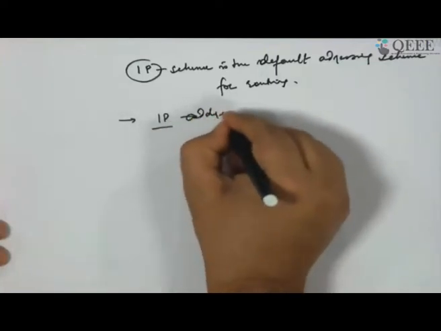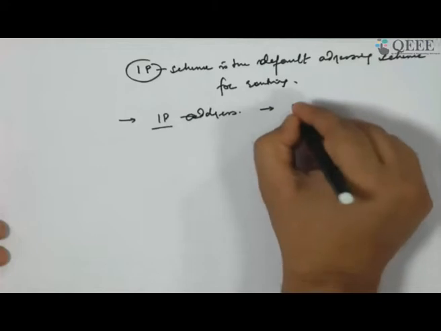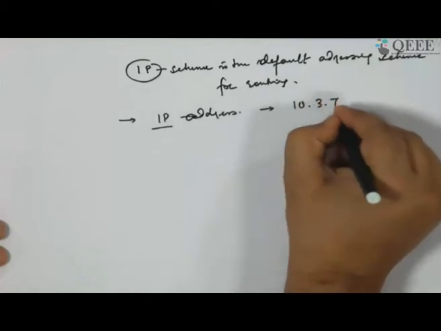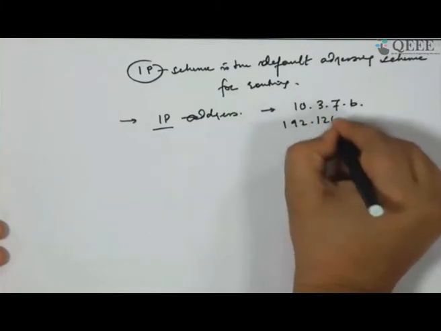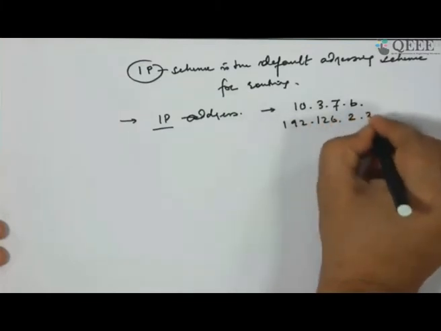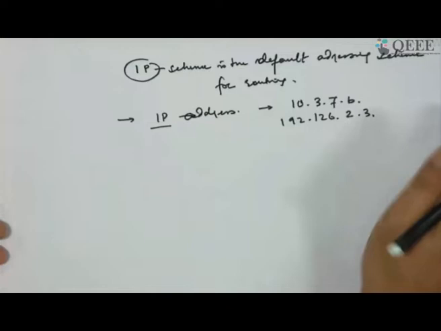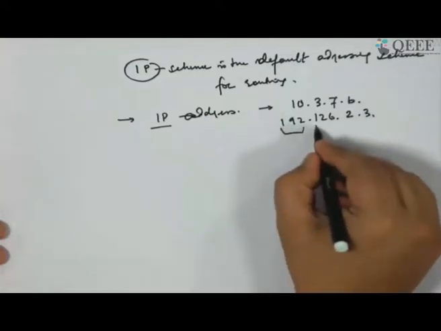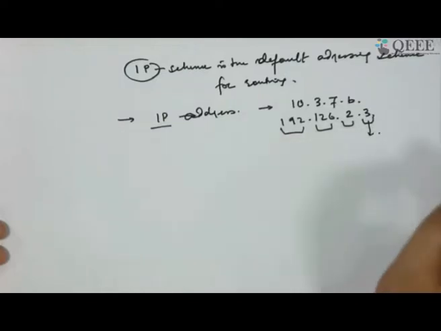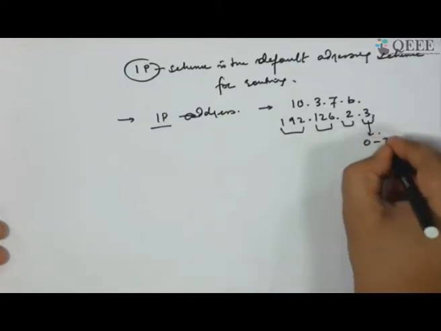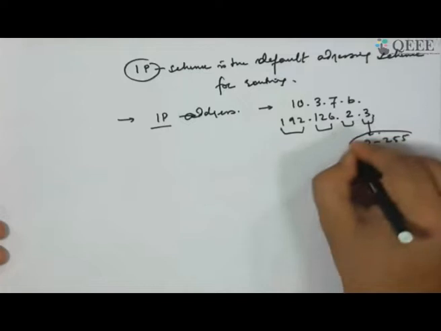First of all, what is an IP address? We know typically an IP address can be 10.3.7.6 or 192.126.2.3, something like this, which has 4 tuples, and each tuple can take a value from 0 to 255.